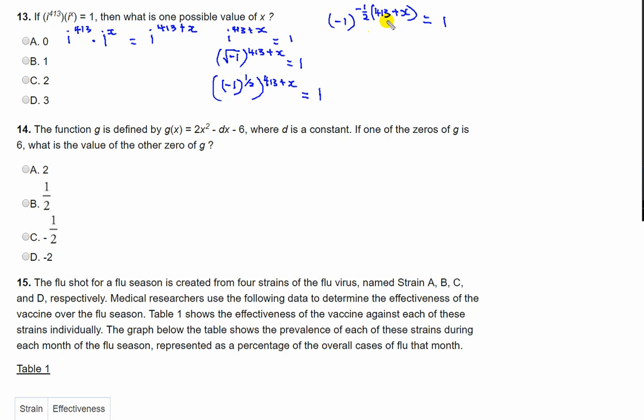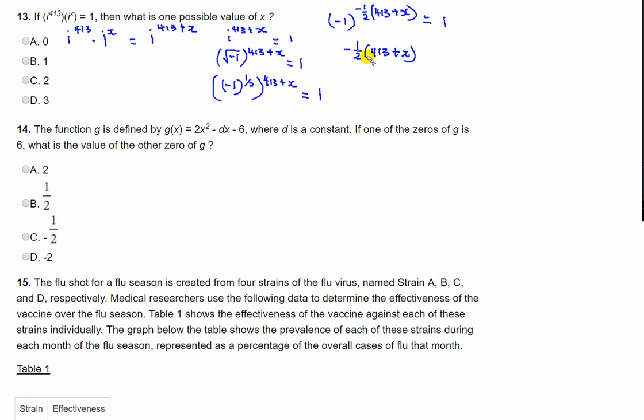Now let's look here. If x is equal to 1, so you have minus half times 413 plus x. Now I want this to be an even number, whether positive or negative doesn't matter, but I want it to be even. If I put x equal to 1, then it's 414.